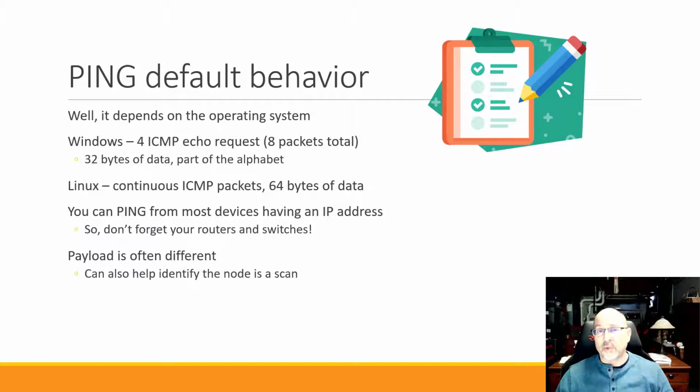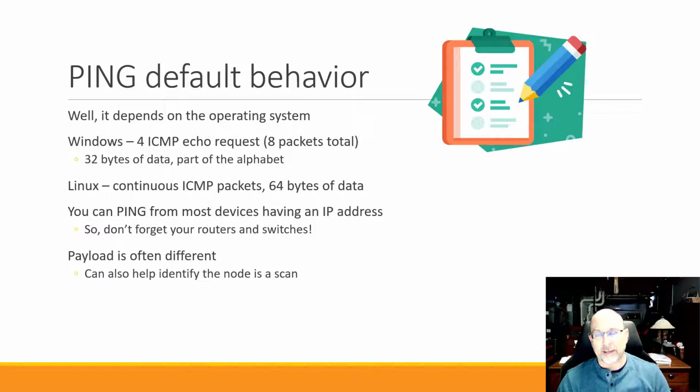Now, we often think about switches as being layer 2 devices, and they are, unless we're talking about a multi-layer switch. But even if you've got a layer 2 device, like an access point or a switch, and you give that thing an IP address, you can ping it. And in most cases, you can ping from it as well. So it's a great debugging tool to test to and from your network devices too.